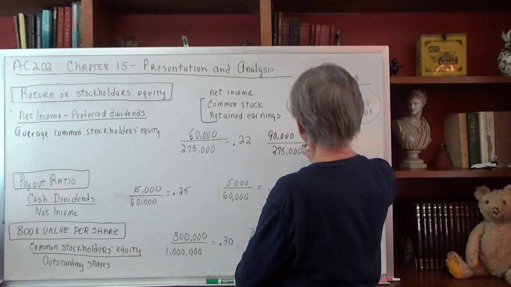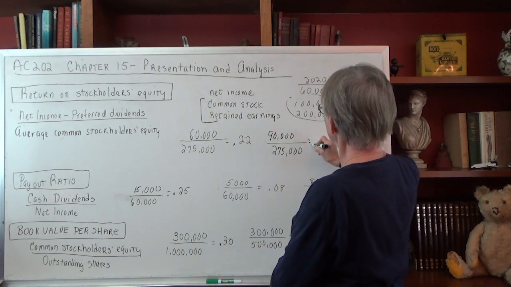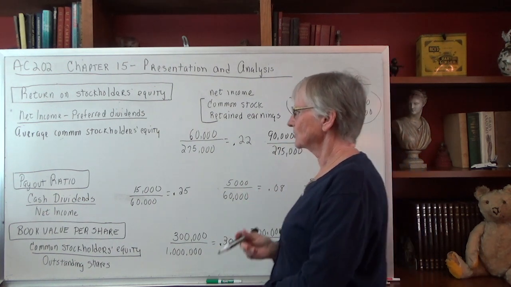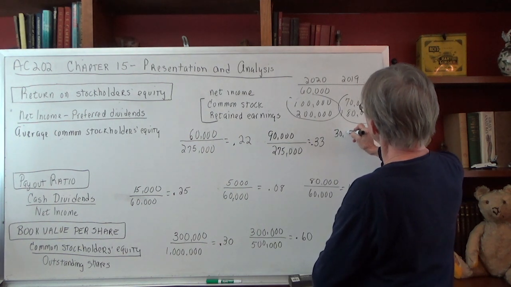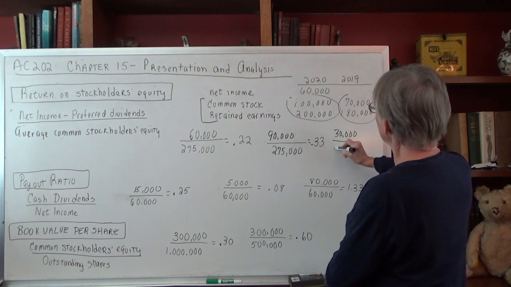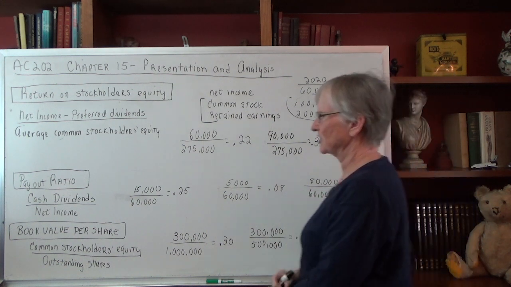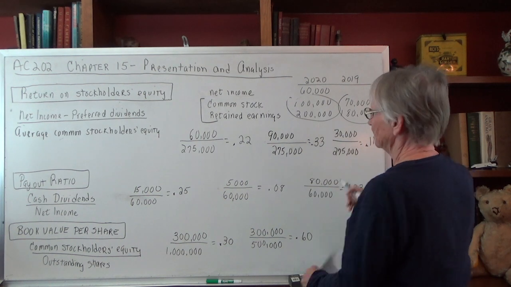Okay, so when you divide that out, you would get 0.33. Okay, and then you could try it out and say, what if we only did 30,000 in net income? This is just one way to get familiar with what these ratios are trying to communicate to you. And so this would be 0.11.